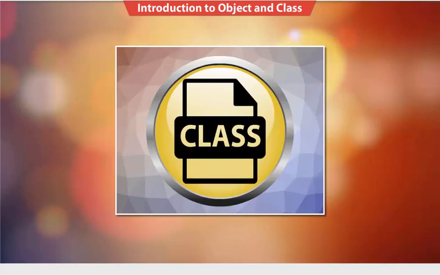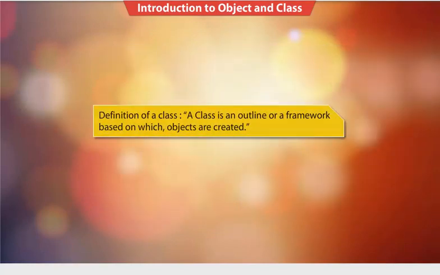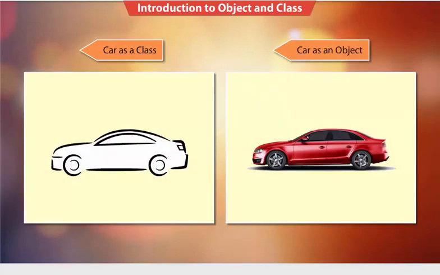Let us now consider the meaning of a class. A class is an outline or framework based on which objects are created. To understand this better, look at the example where a car is represented as a class and as an object.